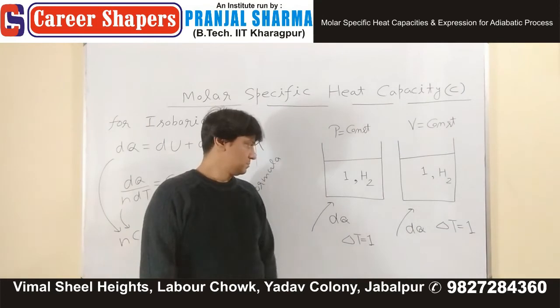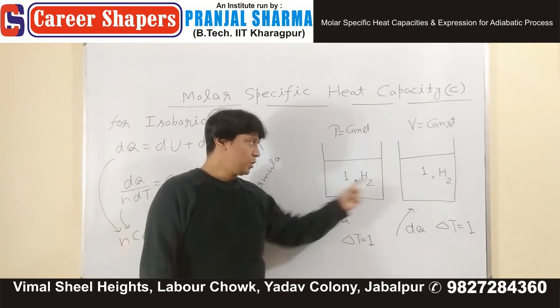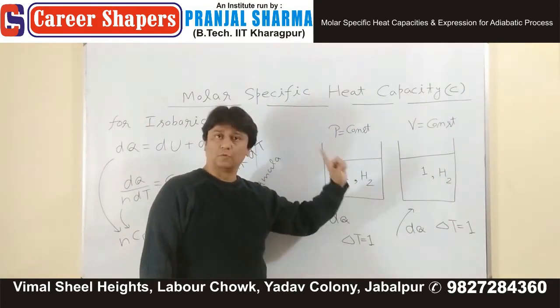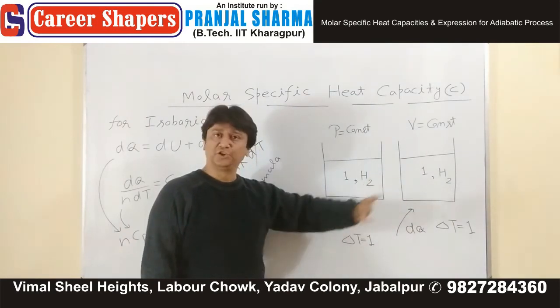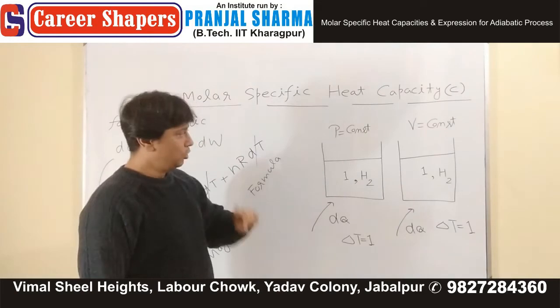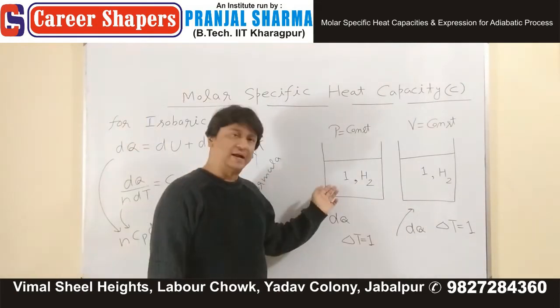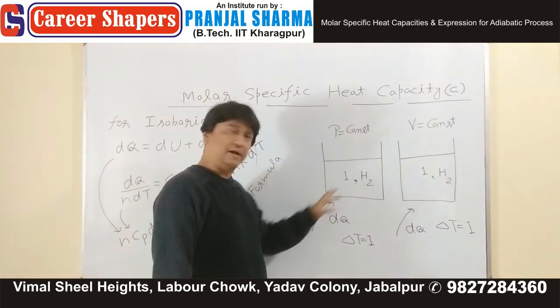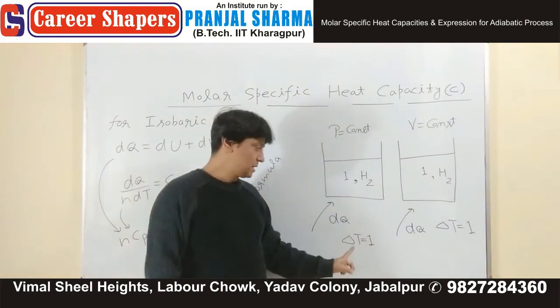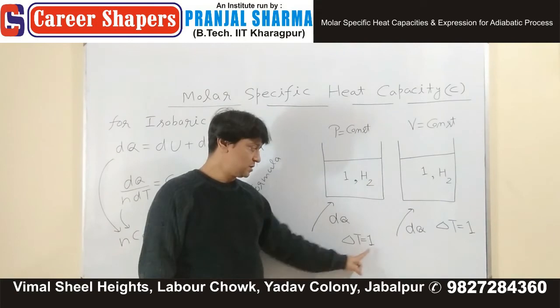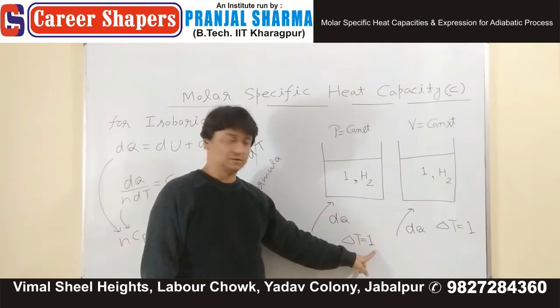Look, you've got unit moles inside. 1 mole, hydrogen, everything is same. Initial setup. I told you to keep the pressure constant in the first vessel and supply some heat so that temperature increases by 1 degree Celsius.